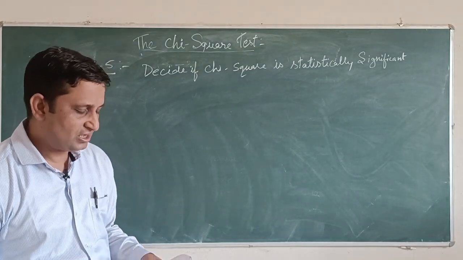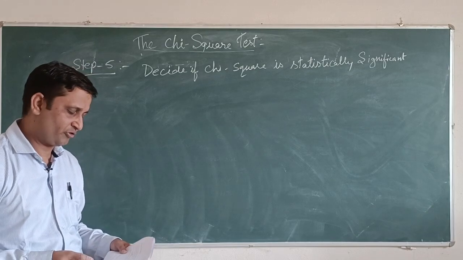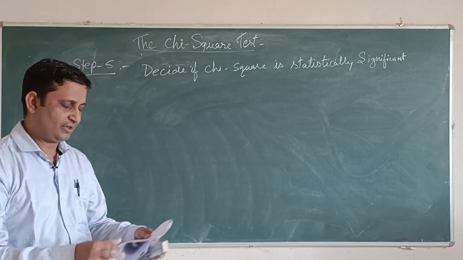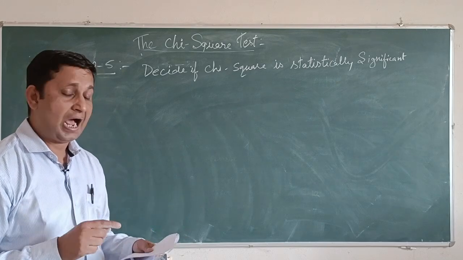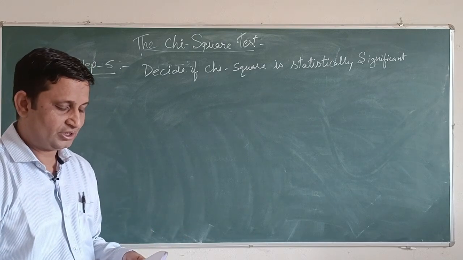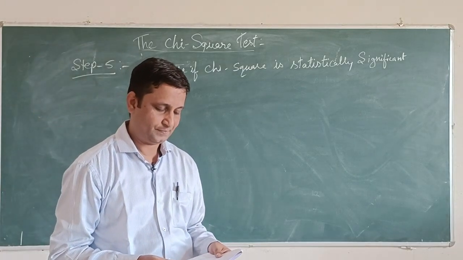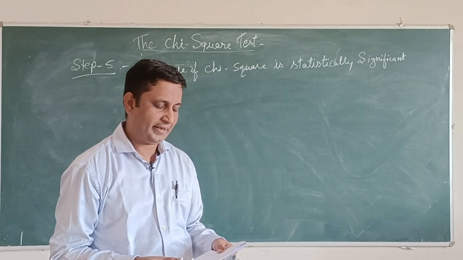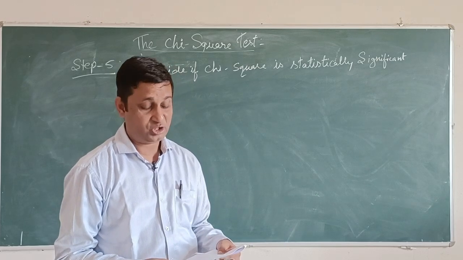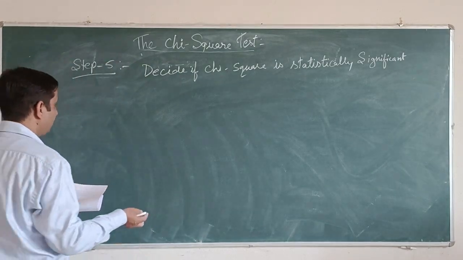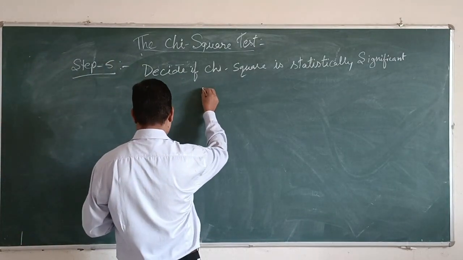Okay, the final step of a chi-square test of significance is to determine if the value of the chi-square test statistic is large enough to reject the null hypothesis. Statistical software makes this determination much easier, which I will draw for you.